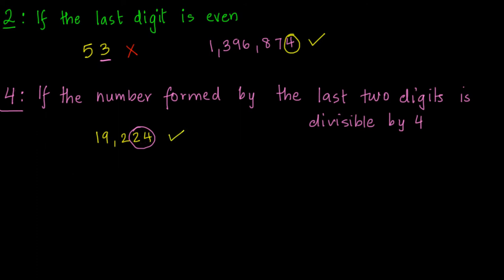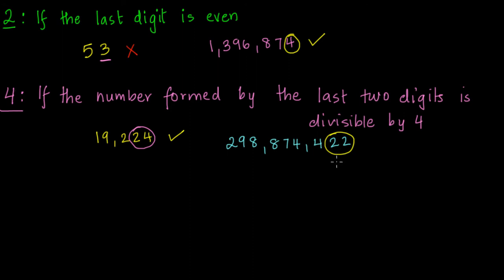Let me take another example. Let's take a really big number, 288,874,422. And in this really big number, what I really need to look at is the last 2 digits.